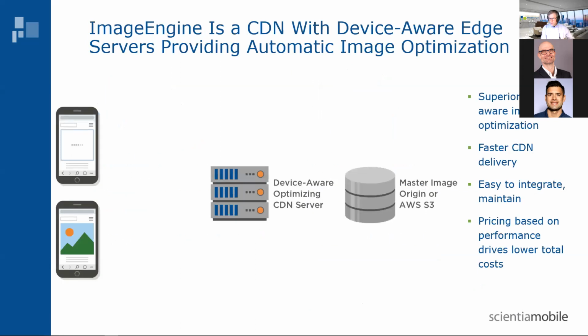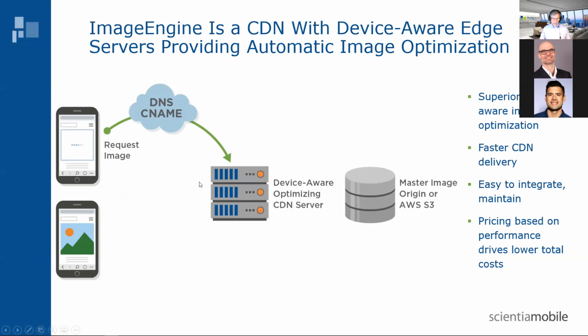So really quickly, let's talk about how ImageEngine works. The first step is that a requesting device will come to your website and request the image. And we're able to insert our ImageEngine hostname into that path such that the image request gets redirected to our device-aware edge servers.